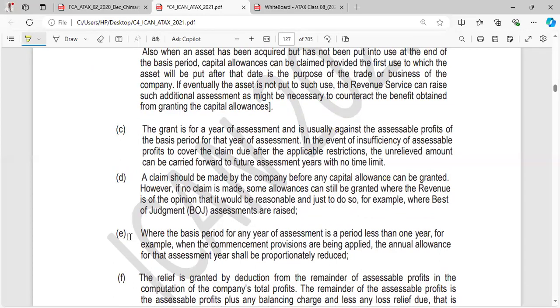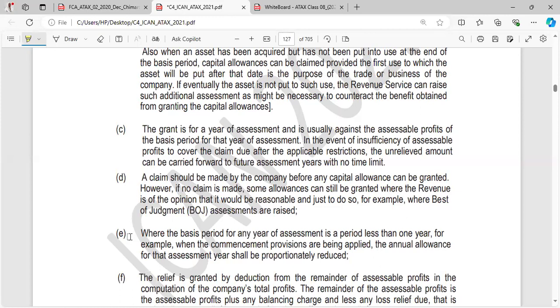In the event of insufficiency of assessable profit to cover the capital allowance that is claimable, the unrelieved capital allowance amount will be carried forward to future years of assessment.